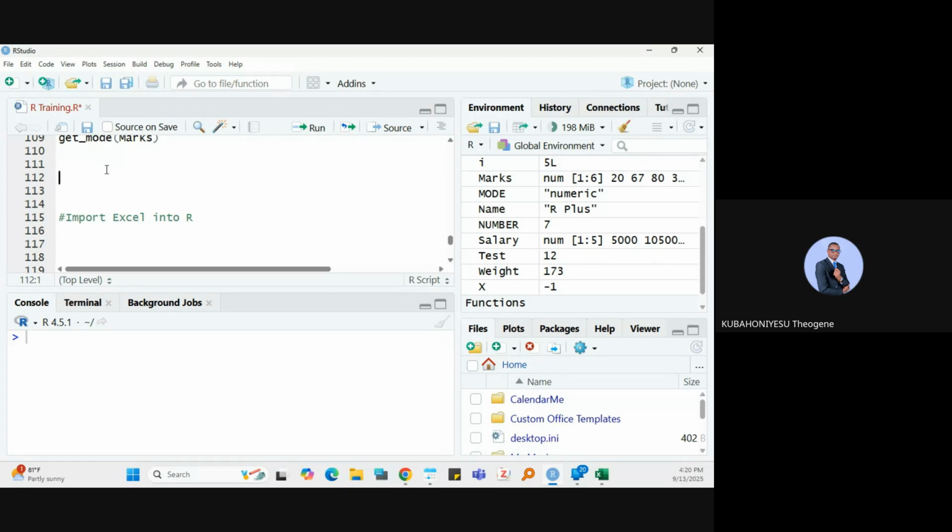So, wait. Okay, maybe before we learn how to import, because that will be the last thing to talk about, let's see how you can append and bind vectors or data.